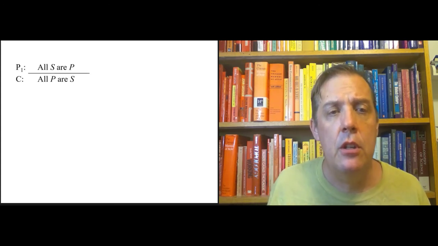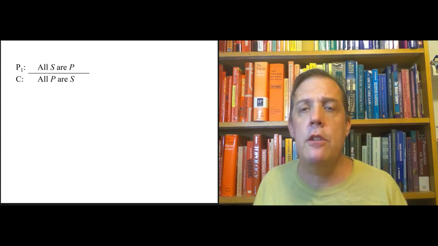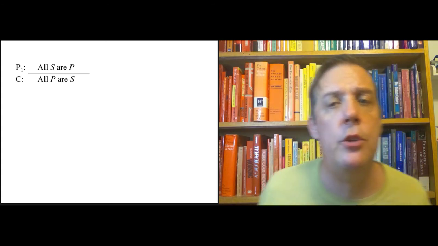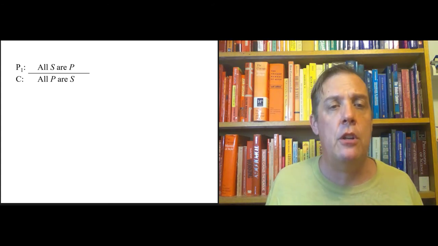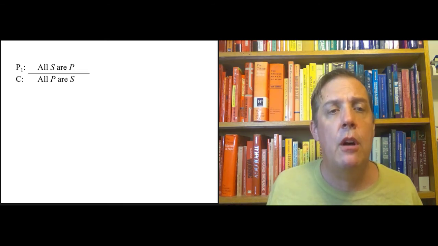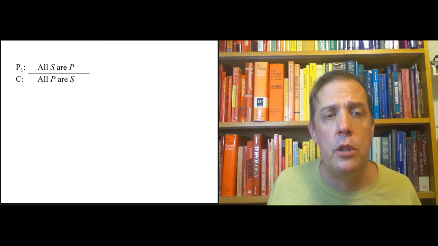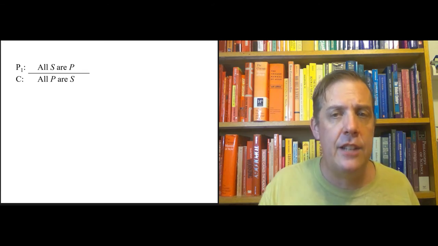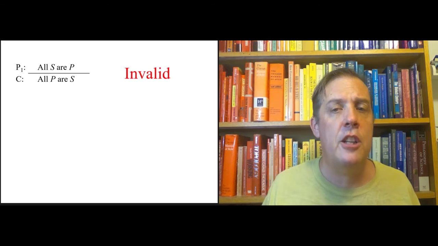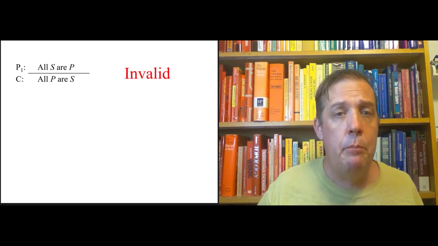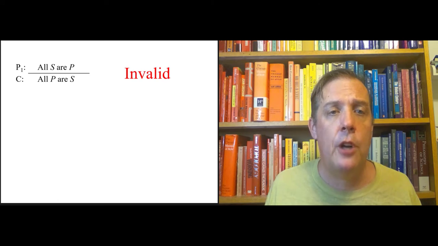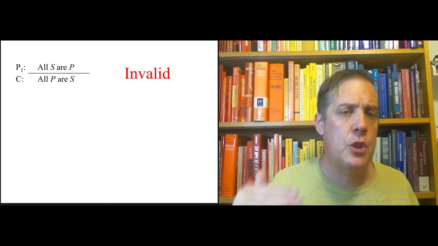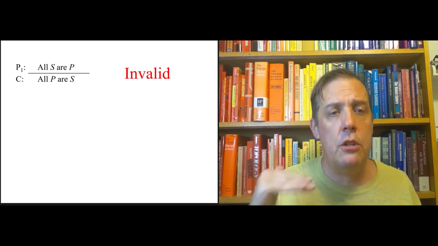So this means that we can have some arguments that are invalid and others valid based on the process of conversion. So if you start with a statement, the premise, all S are P, and you try to conclude the sentence, all P are S, the resulting argument is invalid because if your premise is true, your conclusion could be false.